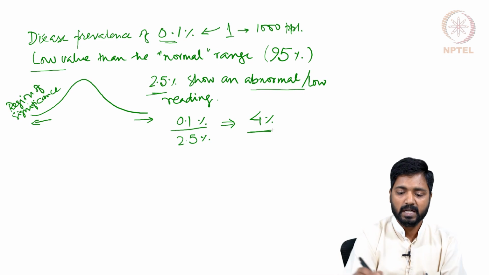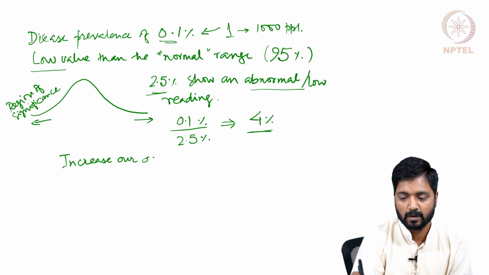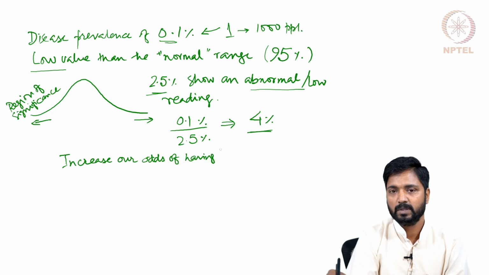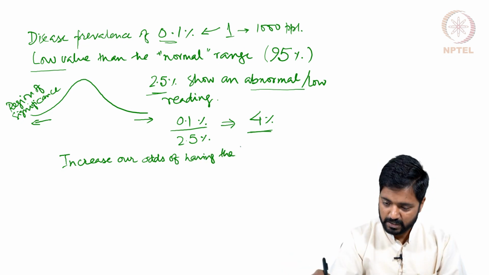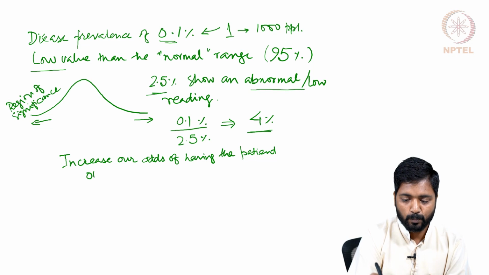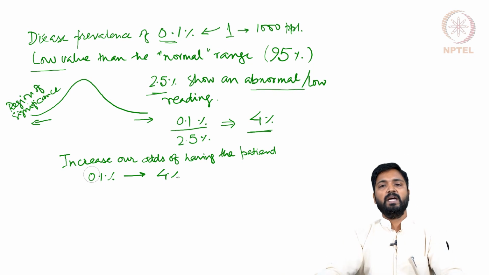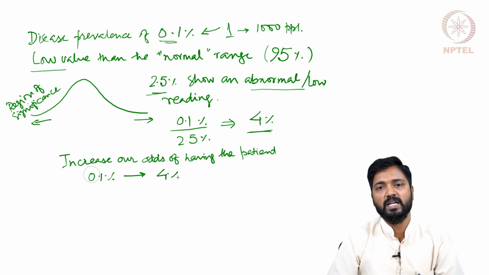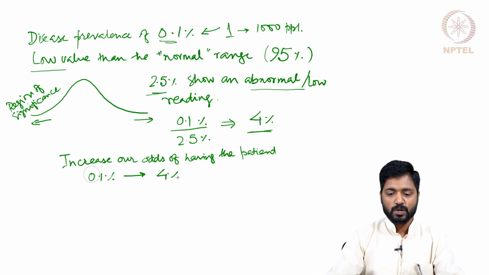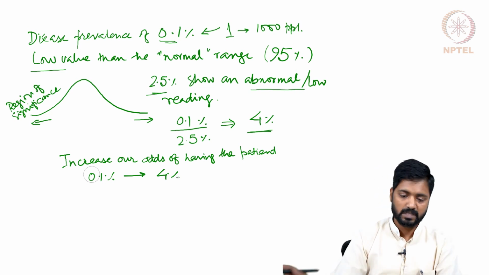So we essentially increase our odds of finding the patient significantly, from 0.1% to 4%, just by using the increased body temperature as a pre-screening parameter. Now we can also discuss what are the errors that we can commit in undertaking this exercise.